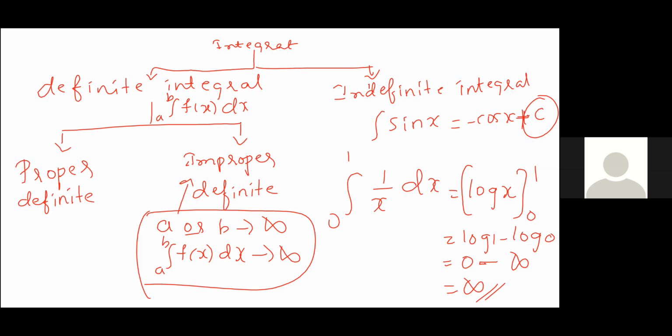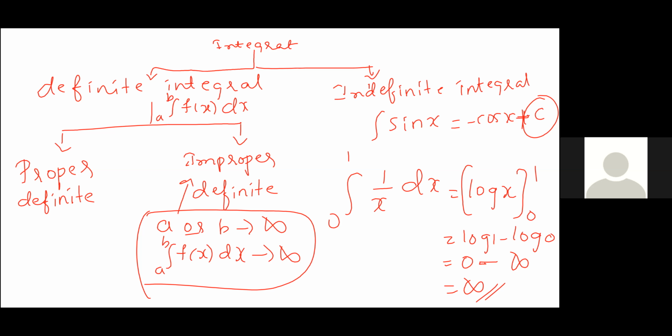In other cases, if the value of the integral is finite, or if the limits are finite, then it will be a proper definite integral. Is it clear? Yes, sir. Okay.